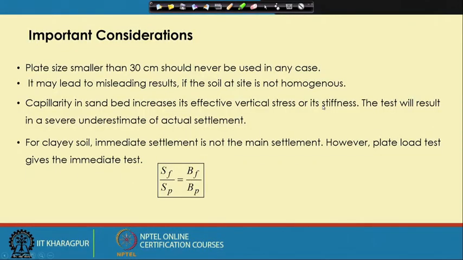Next is an important consideration. As I mentioned, we cannot use a plate size less than 30 centimeter, otherwise we will not get appropriate or proper results. Another very important thing is that this test is suitable for homogeneous soil.